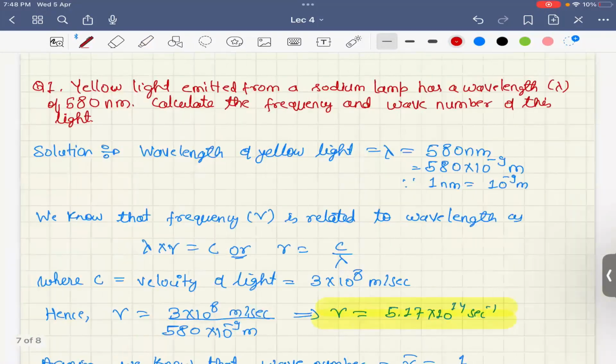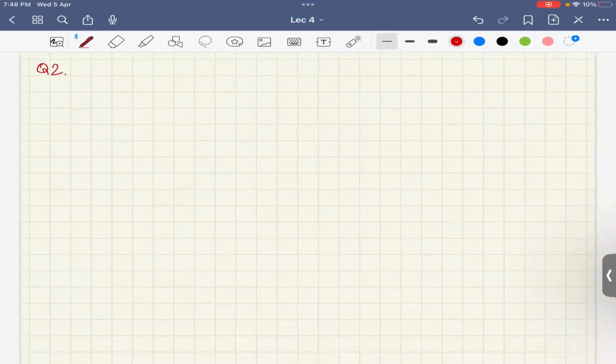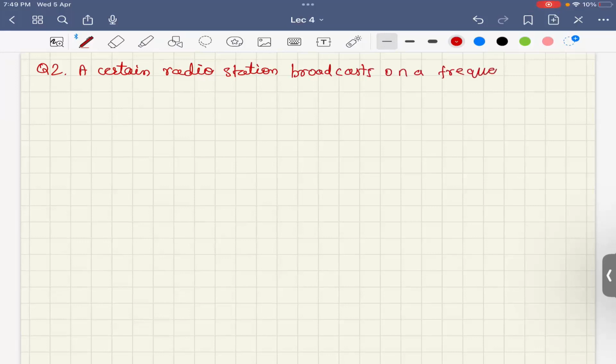Right? So question number 2. A certain radio station broadcasts on a frequency of 980 kilohertz, right?